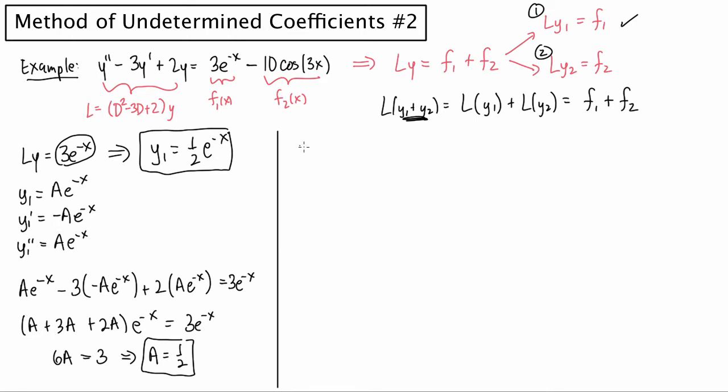So problem 2, I'm looking at Ly equal to negative 10 cosine of 3x. If you looked back at the previous video, the trial solution here should be an arbitrary linear combination of frequency 3, cosine and sine.